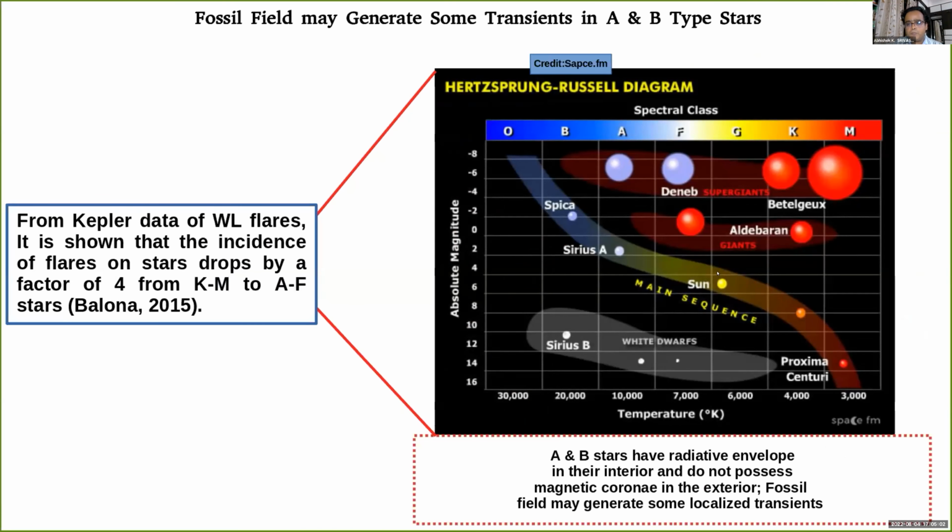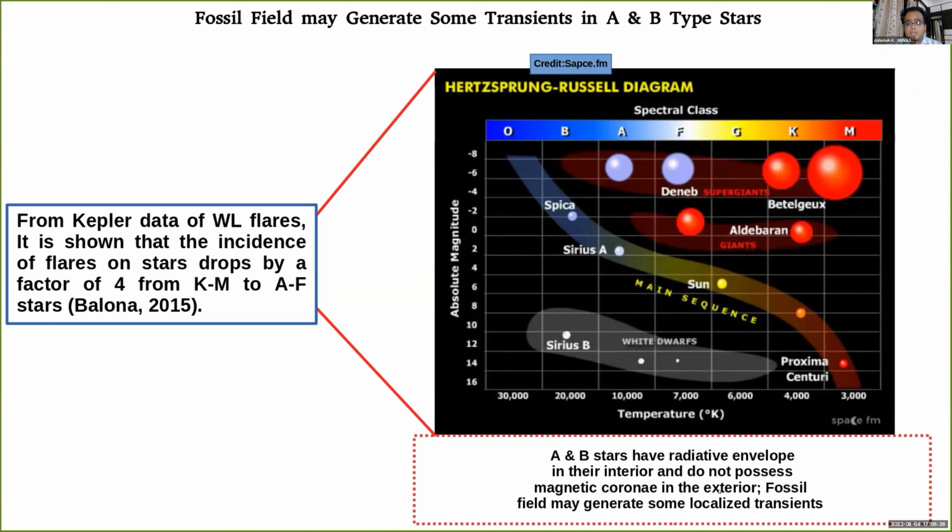But when we carefully inspect the left side branch of the main sequence with respect to the Sun, which is dominated by A and B class stars, oppositely, they have a radiative envelope in their interior and do not possess a magnetic corona in the exterior, because the magnetic field is not able to be transported to the outer atmosphere.